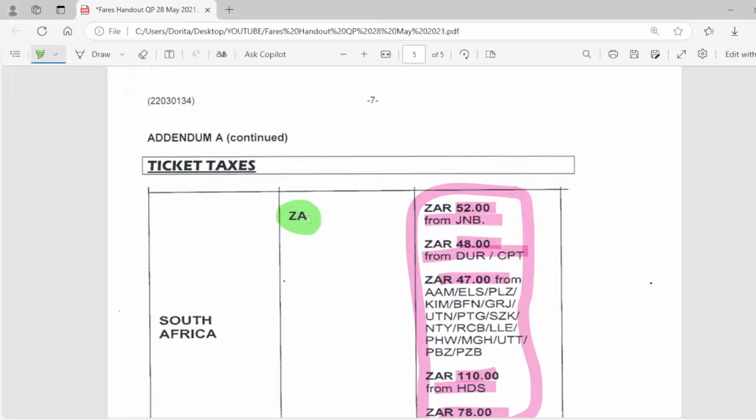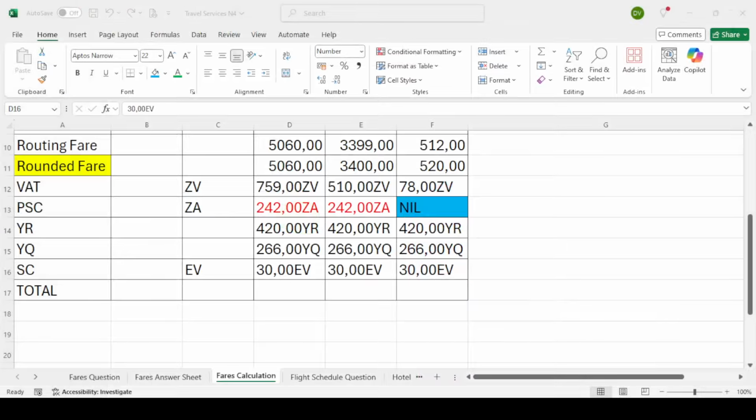I'm just showing you so that you don't feel stressed like you have to remember each code, and what if you forget, and what if you remember it the wrong way around. You can check because you're going to have the fares handout as an addendum. So you can check the codes, guys. Don't forget. Right, so let's finish off our fares.